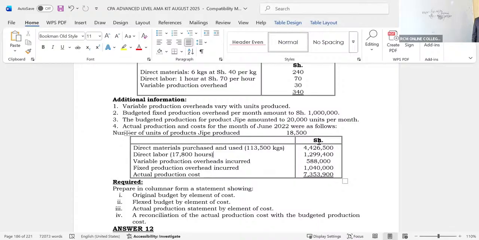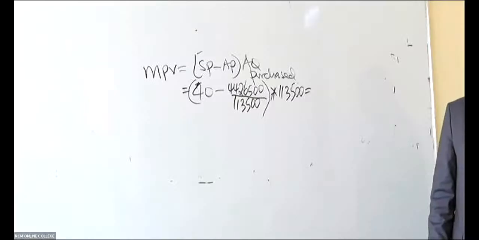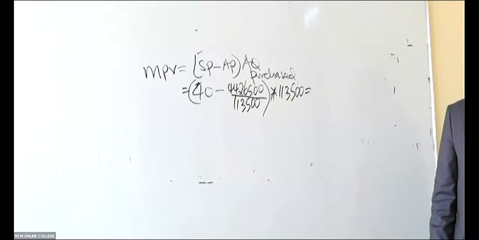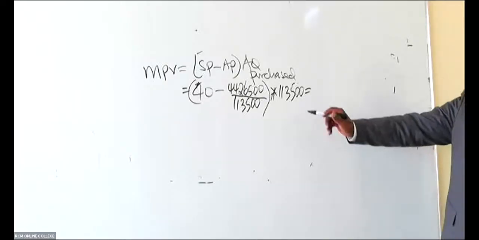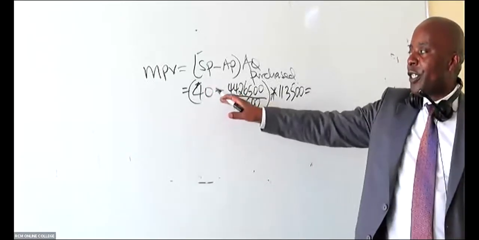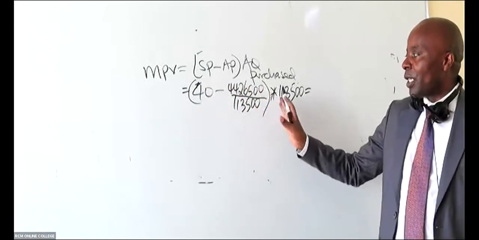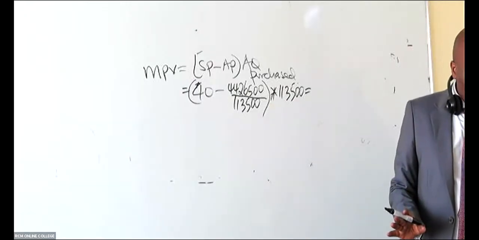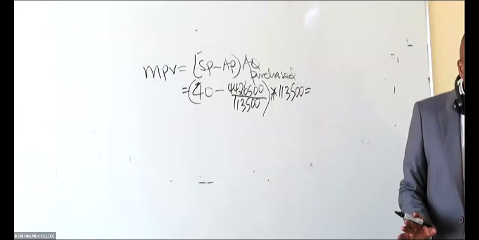So into brackets 40 minus 44,265,00 divided by 113,500, times 113,500. You don't have to do this separately. You simply say open brackets 40 minus this divided by this, you close, times 113,500, which at the end of the day will give us what answer?